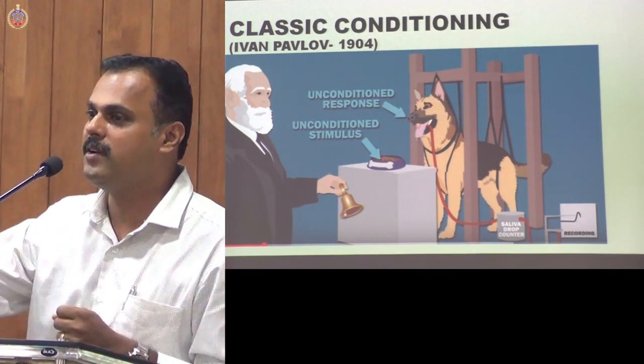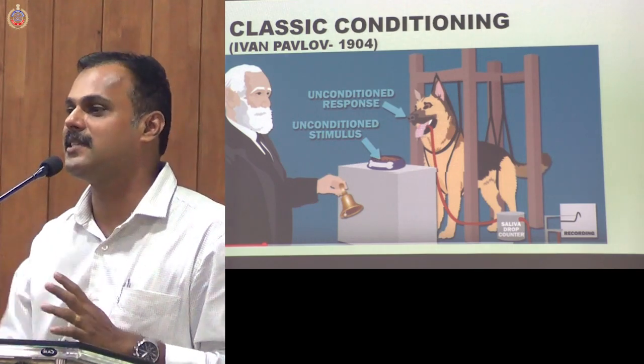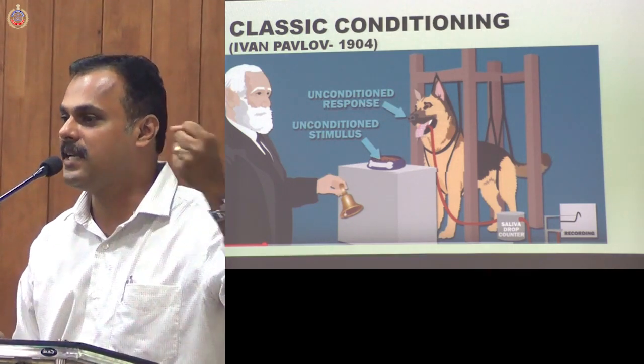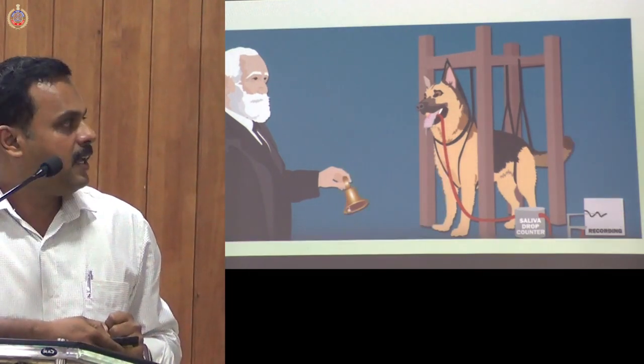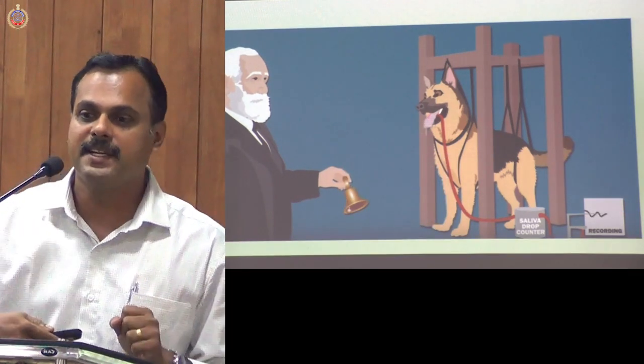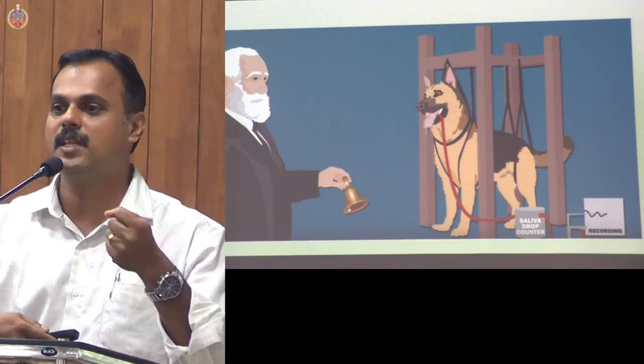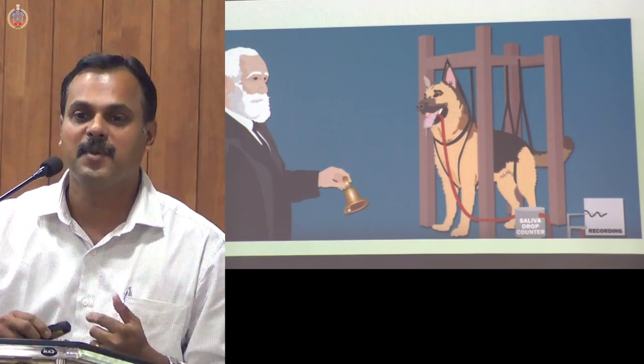Initially the food is presented and the animal salivates, with the bell just there. Later he found that if you remove the most important thing, the food, and just ring the bell, saliva still comes.